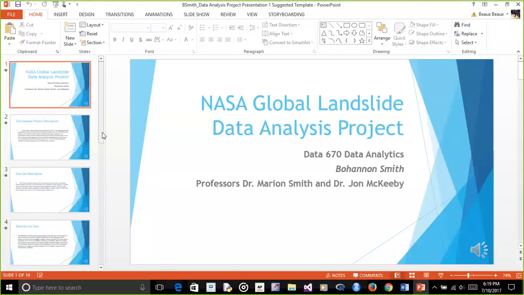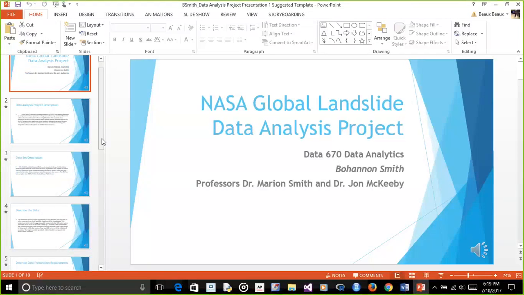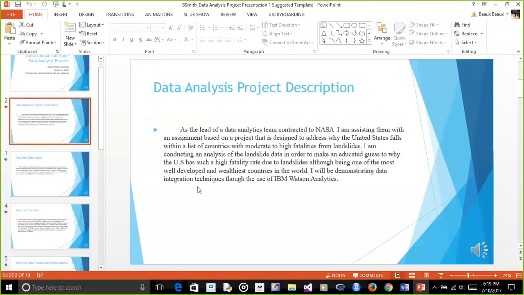So this is the NASA Landslide Data Analytics Project. I think everybody's the lead of their own team, and I've been contracted to NASA, and I'm assisting them with this assignment based on a project designed to address landslide fatality data. I'm comparing the United States fatality rate across the globe.